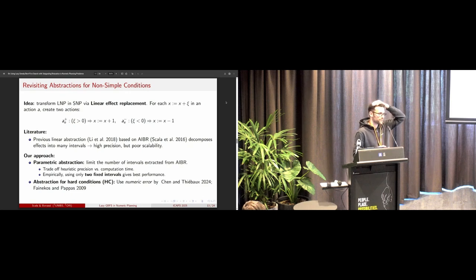Now, you can do this abstraction in more sophisticated ways. In fact, this was a technique that was introduced in a previous paper. But in this work, we revisit this technique and make it parametric. And we observe that we obtain the best results in our experiment by only using two fixed intervals, so two actions in the abstraction, as in this example.